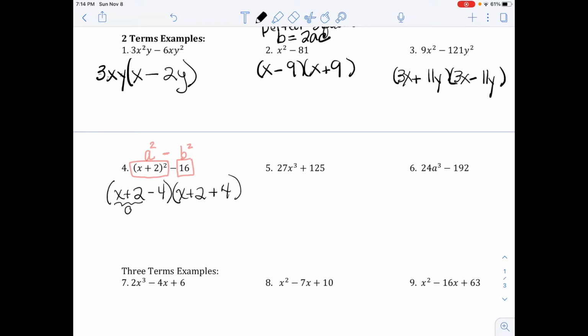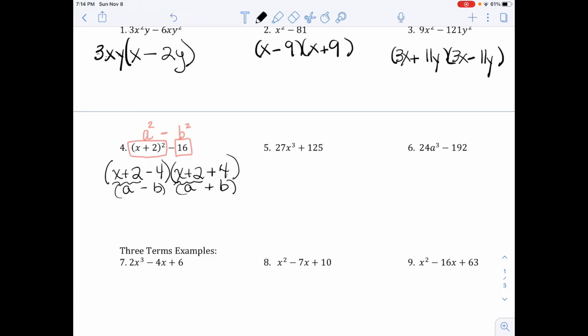So think of this as your a minus your b, and this being your a plus b. So there's your pattern. It's still there. Go ahead and simplify. X plus 2 minus 4 is going to be x minus 2. X plus 2 plus 4 is x plus 6.